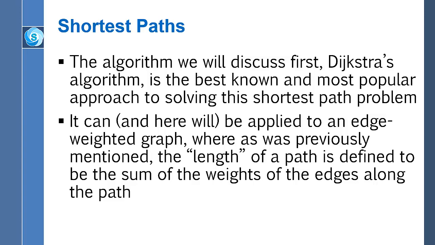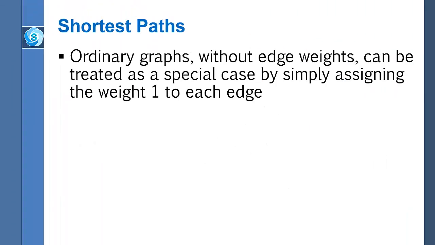The sum of the edge weights along a path will be the length of the path. We do this regardless of whether the length really conveys the sense of an actual length or something else. So again, if we had an ordinary graph without edge weights, we could treat that as an edge-weighted graph by simply assuming that each edge had weight 1.